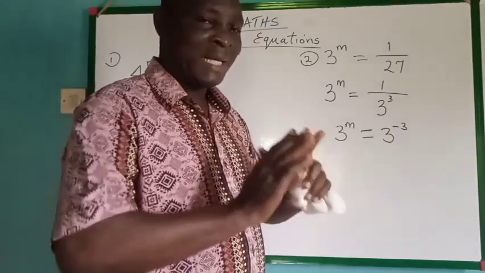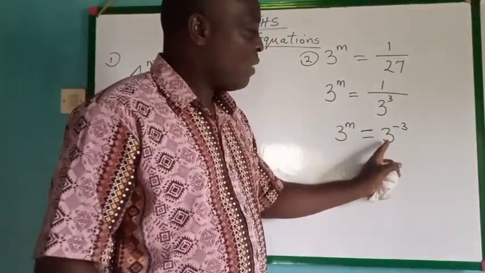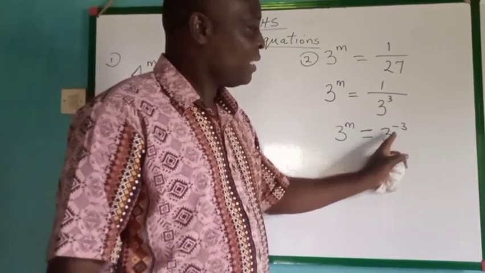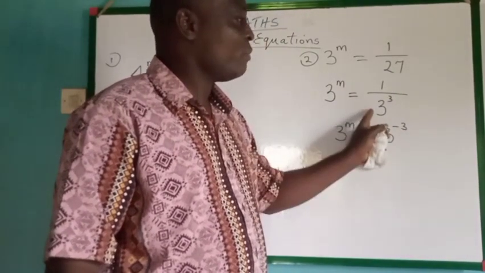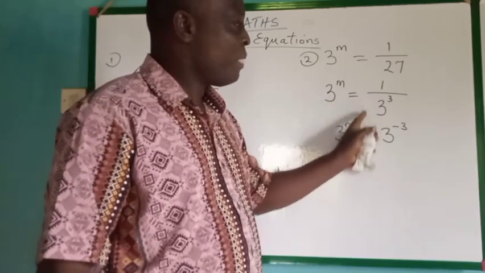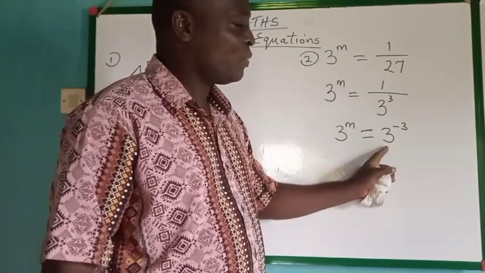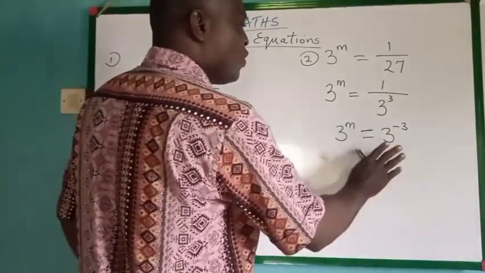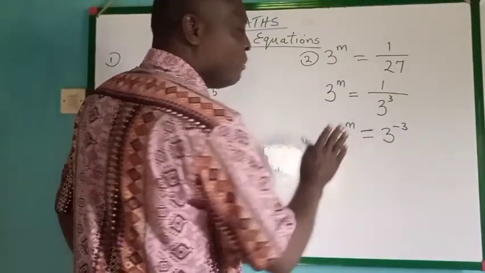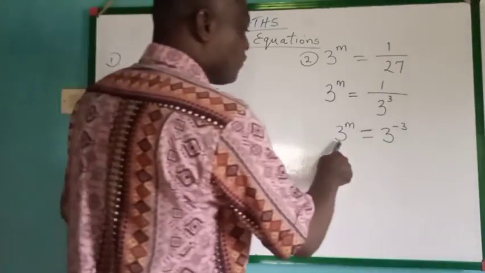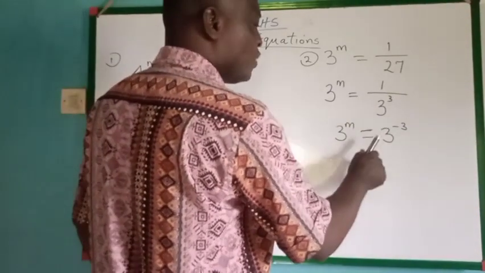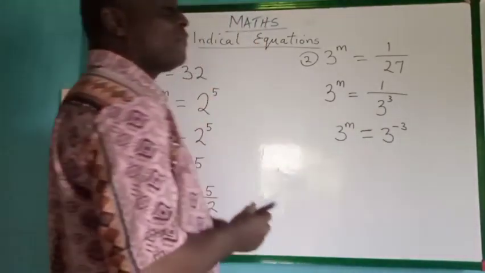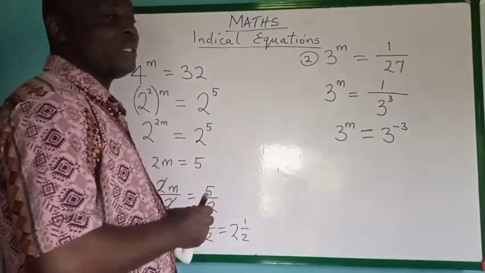That negative will go, then I will only bring in 3 raised to the power 3 as positive as the denominator. But we are going back from this expression down to this side. So you can now see that the equation is now having the same foundation number. We have 3 as the foundation number on the left hand side of the equation, and we have 3 on the right hand side of the equation as foundation number.